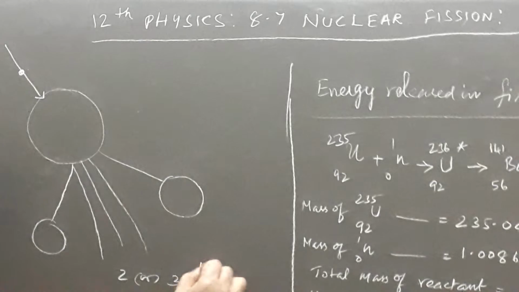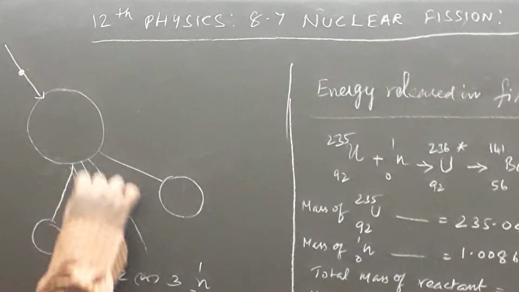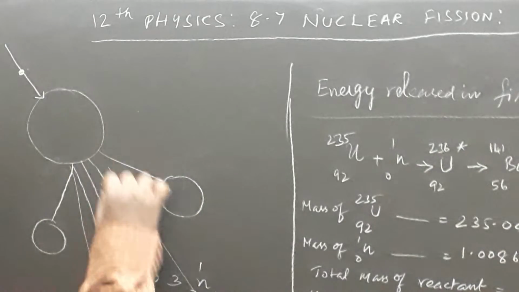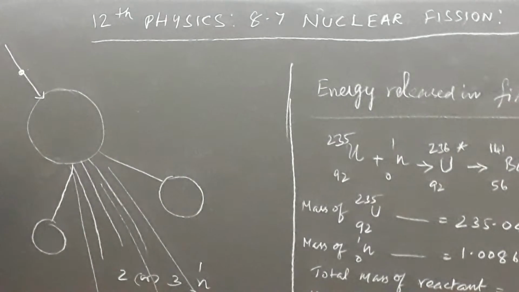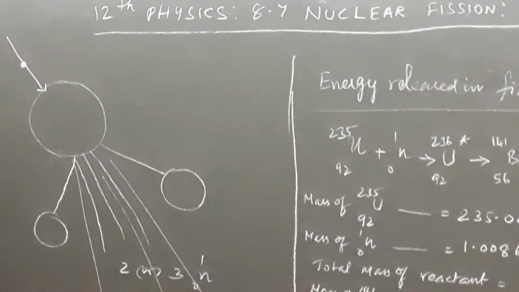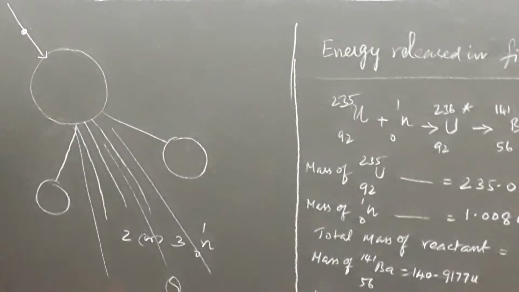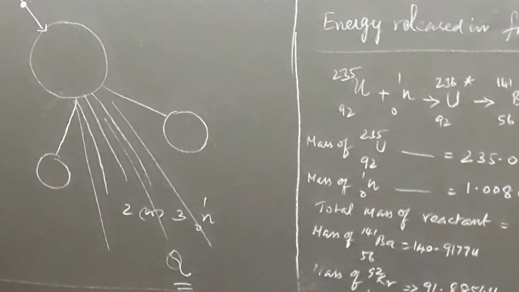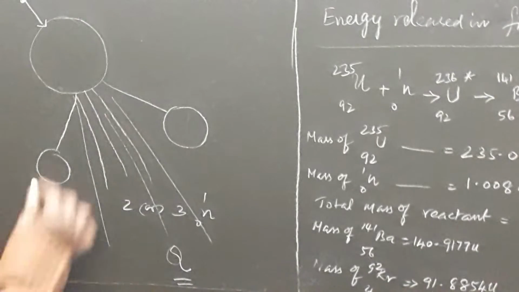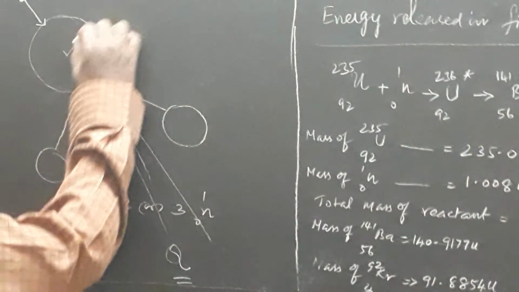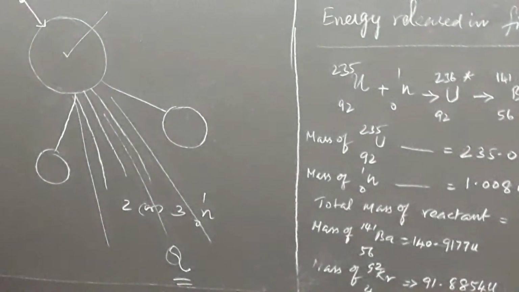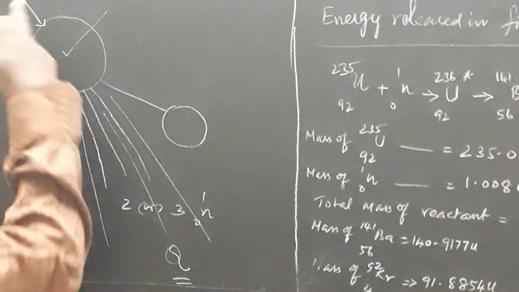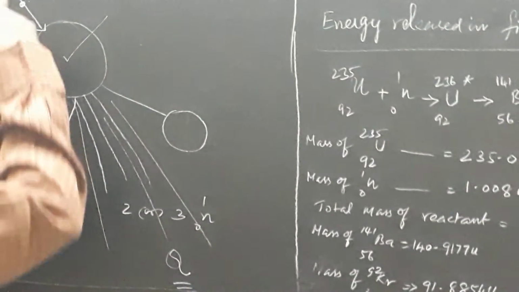three neutrons, and along with this process energy may be released. You have to understand the entire phenomenon clearly. The heaviest mass nucleus is bombarded by an energetic particle.